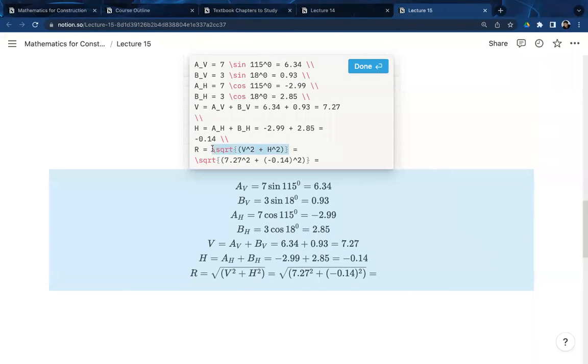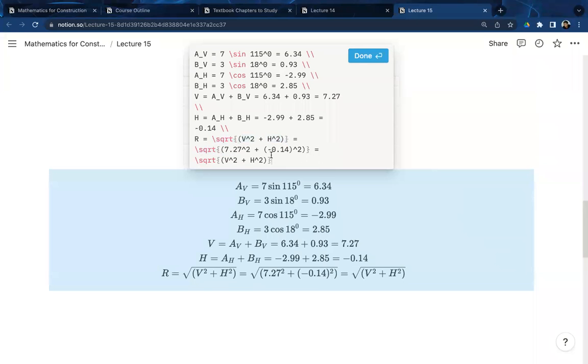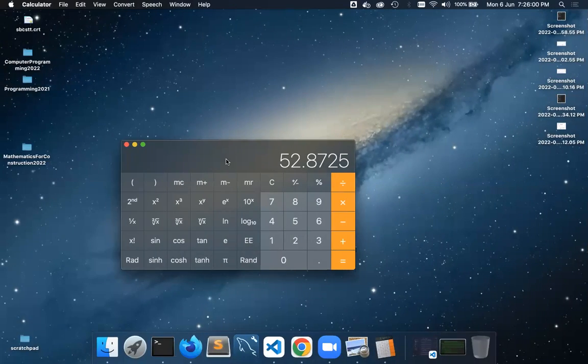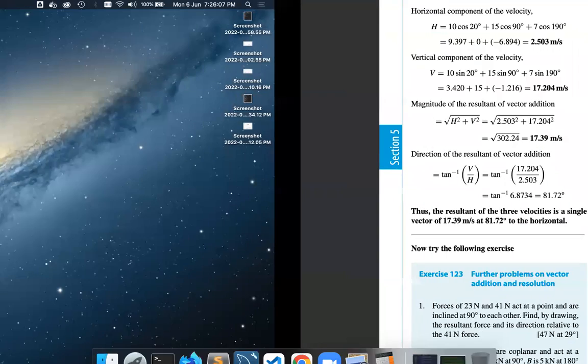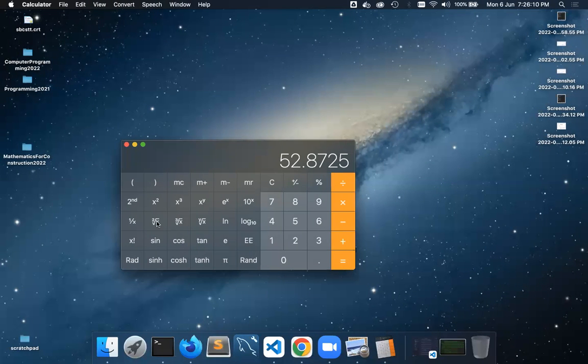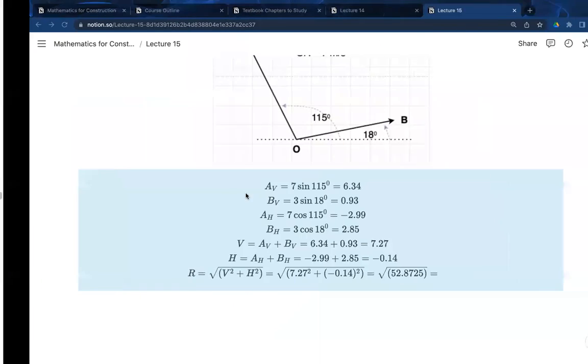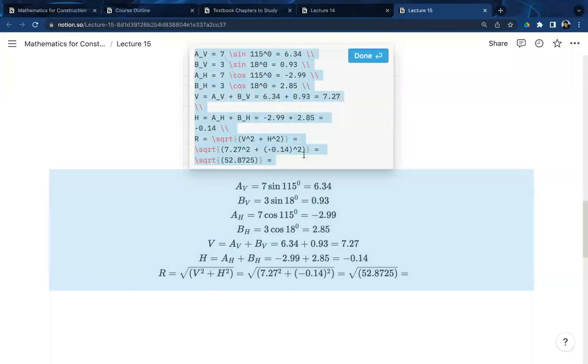So that's the square root of this, 7.27. So it's almost the same thing, same 7.27.